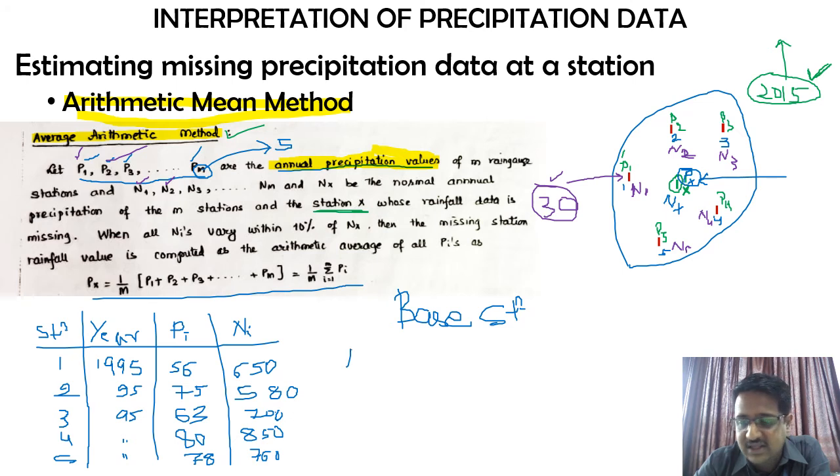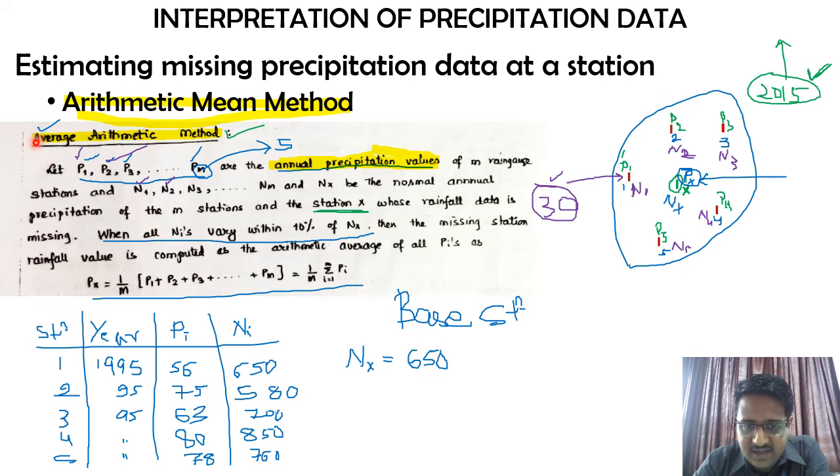Now we have one more value called nx. Let us say this nx value is, imagine, 650. Then what this statement gives you is, you can use the arithmetic average method whenever all the ni's which are available with you vary within 10% of this nx.